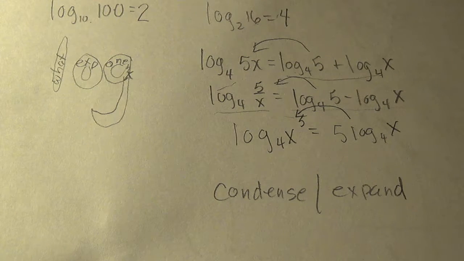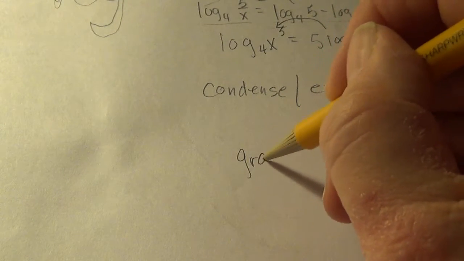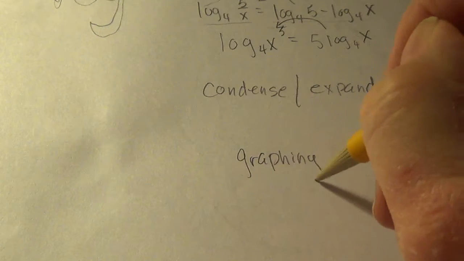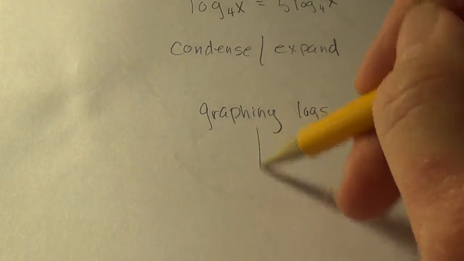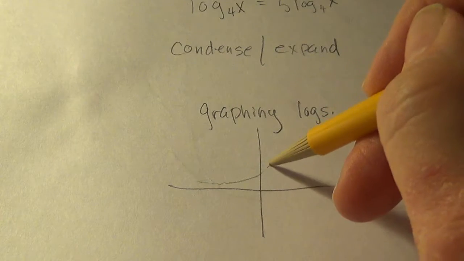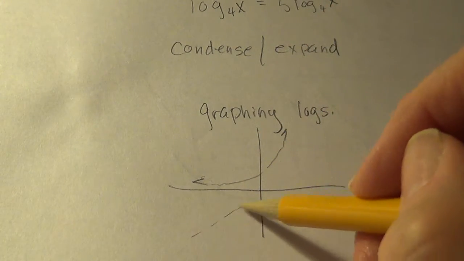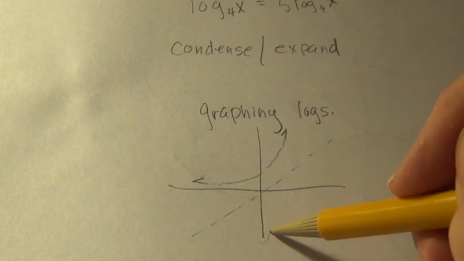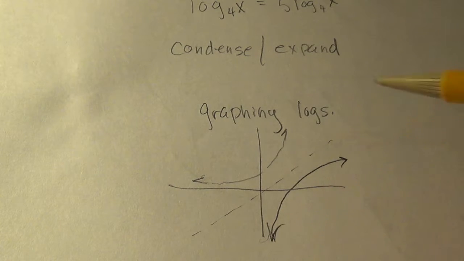All right, I'll end tonight with graphing logs. And we learned that this one is y equals e to the x. And if we reflect that across this line, it looks like this. And that's the basic shape of a log graph.